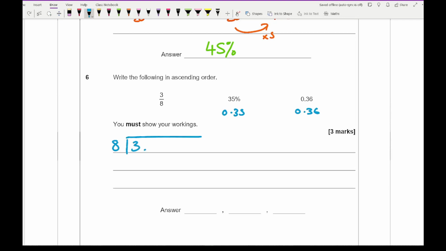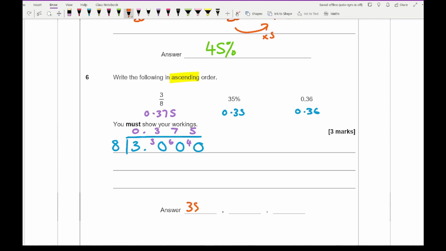Now again, this is one that you should already know, but if you don't, not a problem. Just do some division to work it out. So here we've got 0, carry the 3. That's going to be 3, carry the 6. That's going to be 7, carry the 4. And then we've got 5. So that's going to be 0.375. So then putting them in ascending order, we're going from smallest to biggest.